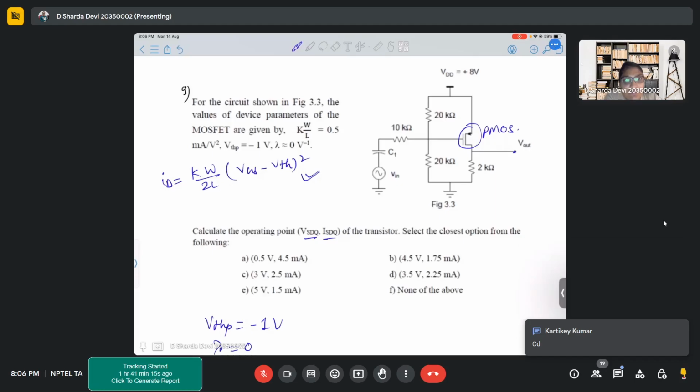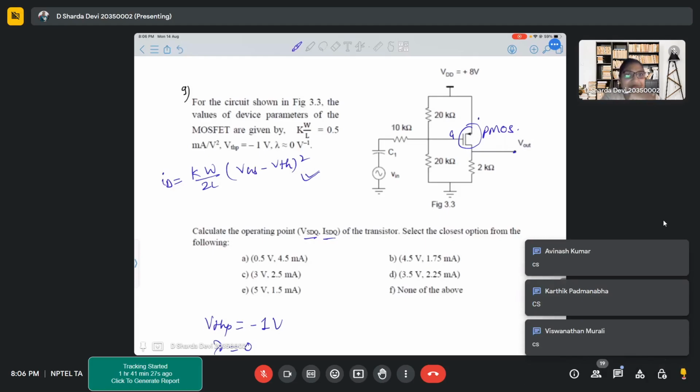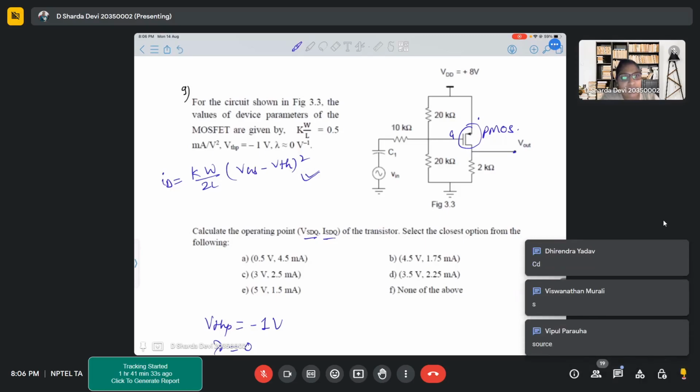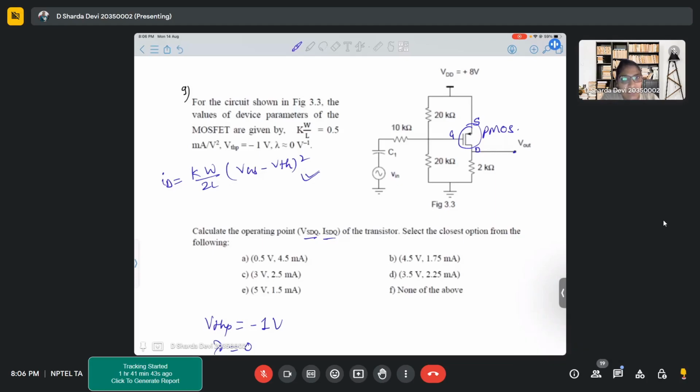Common source. So what terminal is this with the arrow? Source. So the remaining one is drain. If you are taking output from drain, what type of configuration is this? Common source.